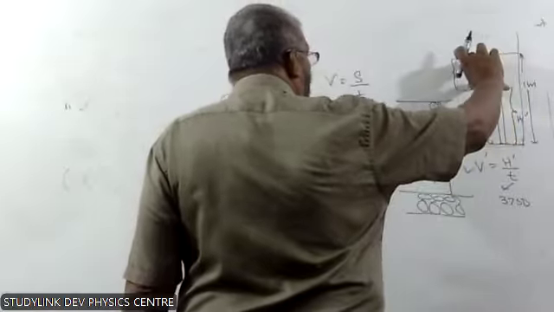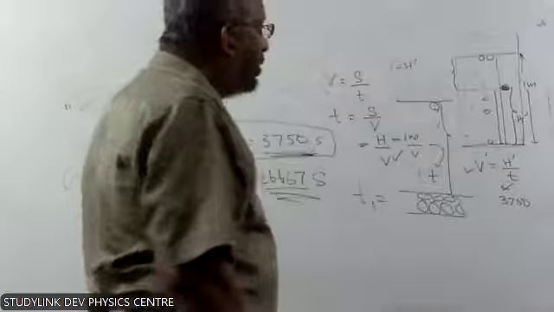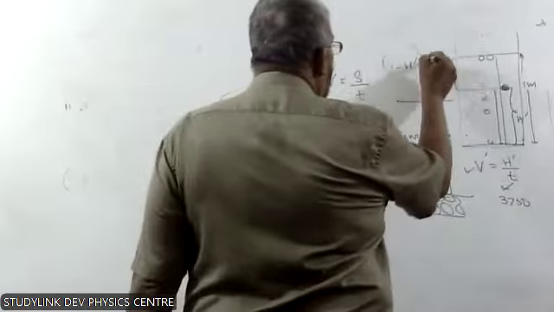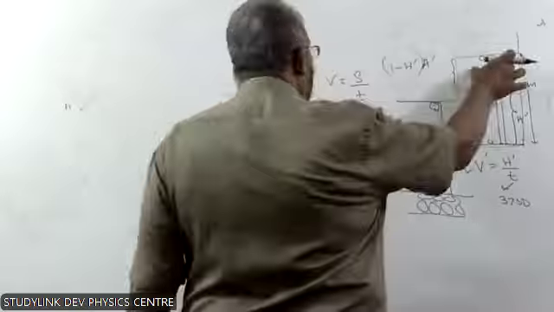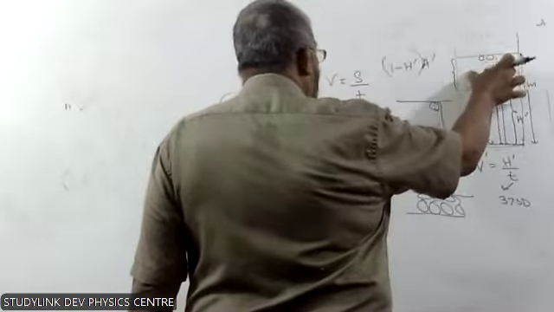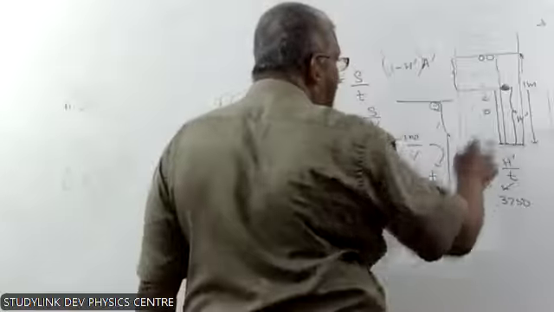That means (1 minus h dash) into the cross-sectional area of the beaker or the jar, a dash. That is the volume. Here, this many particles are there to reach here.